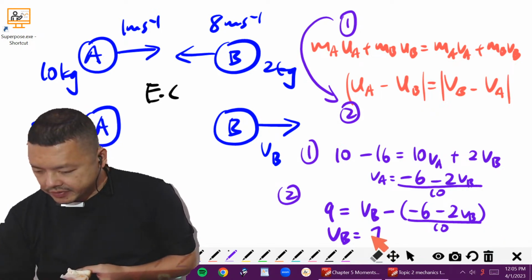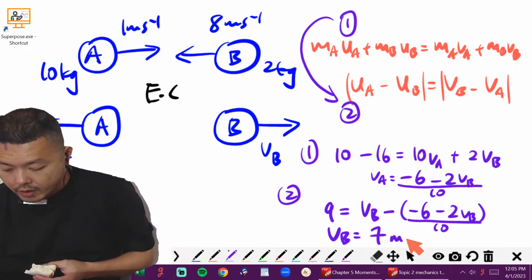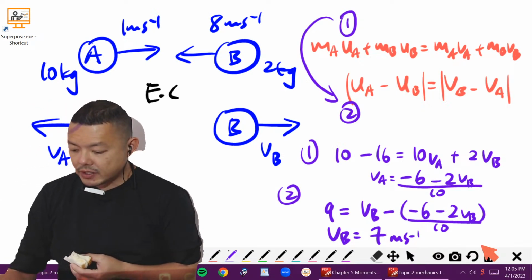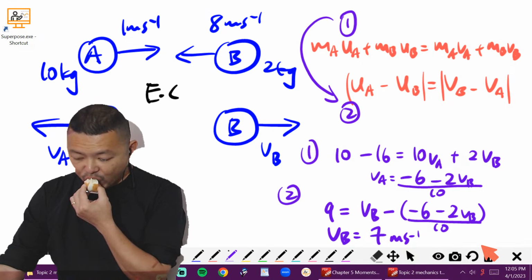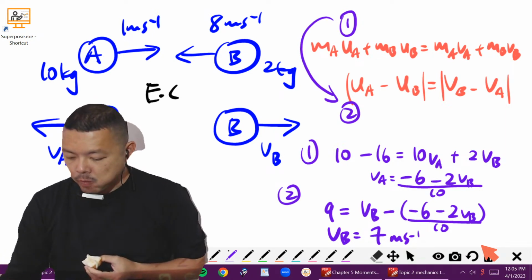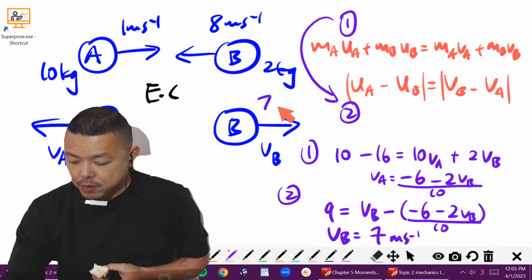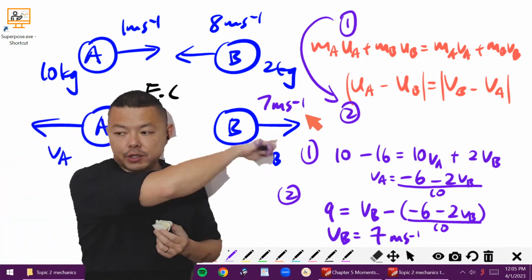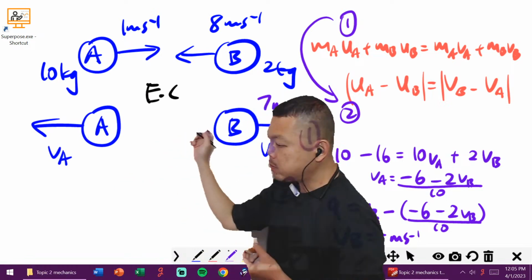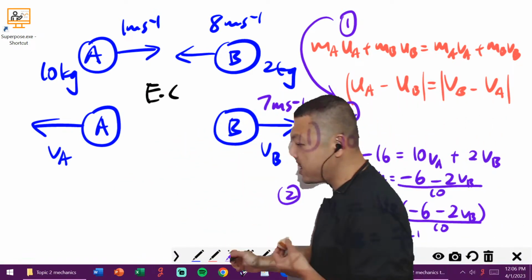Oh, okay, 7 meters per second. Do you get it as a positive value or negative value? Positive value? Okay, good. So it is likely that VB will be bouncing off at 7 meters per second to the right, because we're taking positive as right. So now you have to check for VA, right?